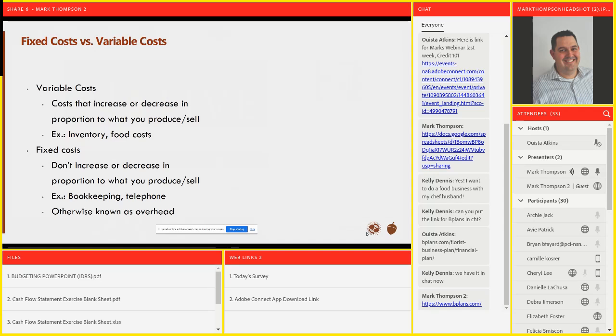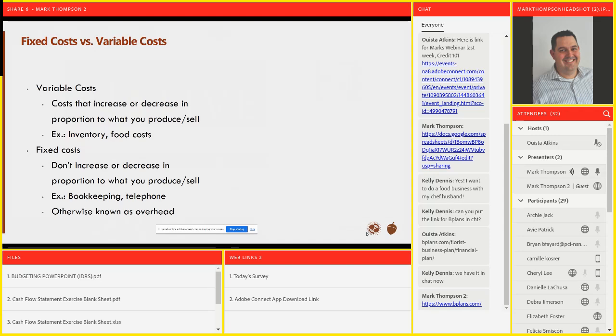Those are different than fixed costs, right? And fixed costs don't go up or down depending on what you sell. But fixed cost is a bad term because fixed does not mean they're fixed, because your phone bill can change every month, right?